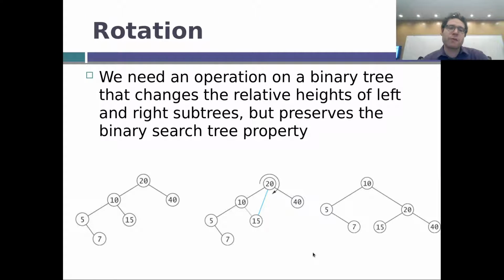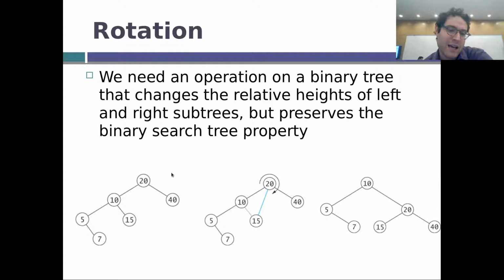So the way that these are fixed is by using a rebalancing operation called a rotation. What that does is that it changes the relative heights of left and right, but it keeps it a binary search tree.